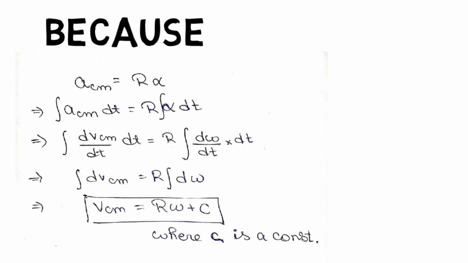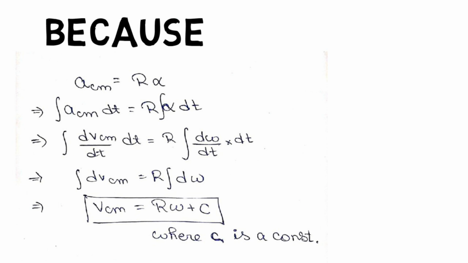Here is the important perspective: C, the integration constant, comes out. The motion can only be pure rolling when c is 0. So only then will the equation ACM equals r alpha state that the object is performing pure rolling. It's a particular case when c is 0.